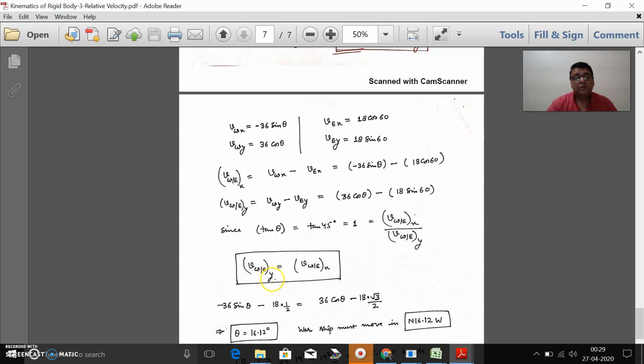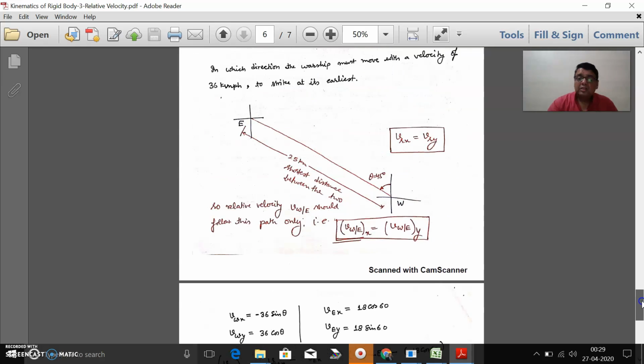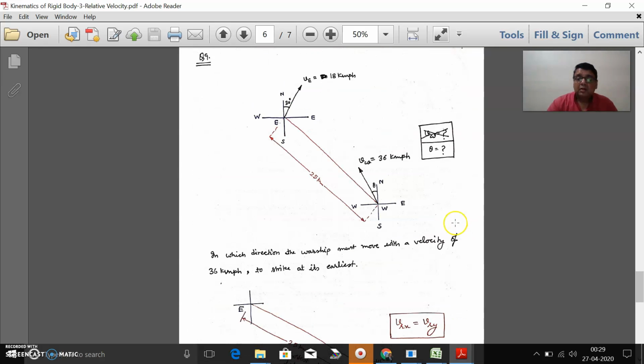Velocity of warship with respect to enemy ship y component is equal to velocity of warship with respect to enemy ship x component. And if we compare these two, then theta is the only variable, and from this equation we can get the value of theta. Theta is equal to 16.12 degree. That means the warship must move towards north 16.12 degree towards west.